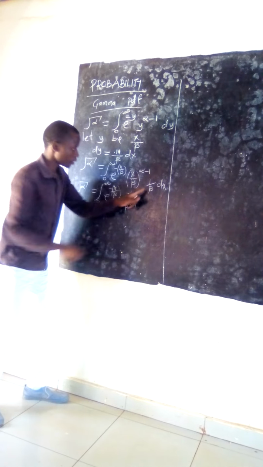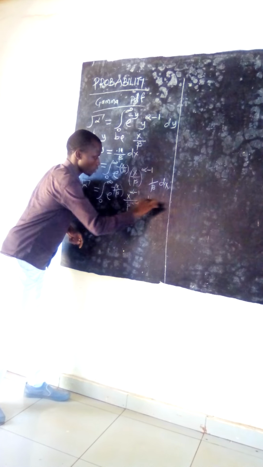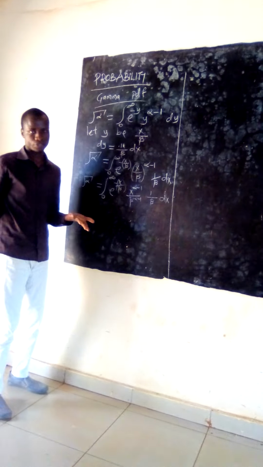Then I join it with 1 over beta. My dx is just a constant.